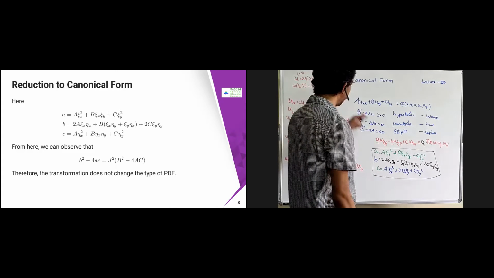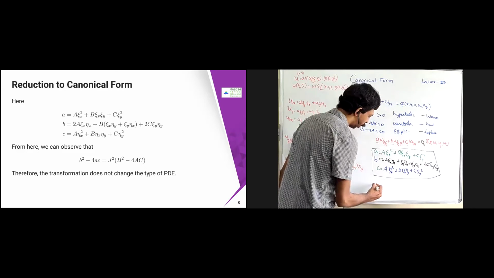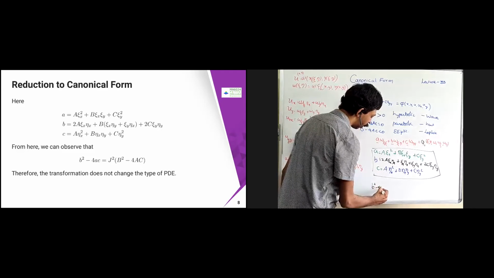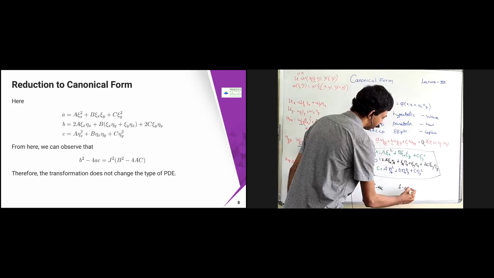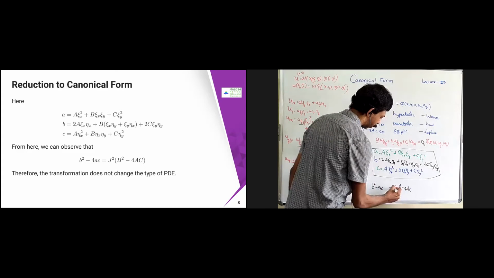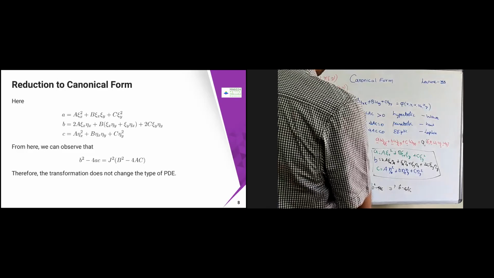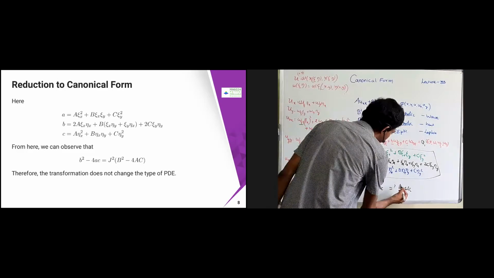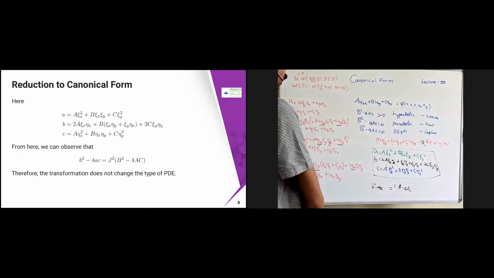Now we need to see what is the relation between b square minus 4ac and capital B square minus 4AC. What is the relation between these two equations?